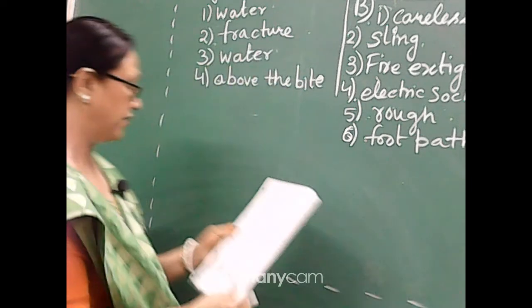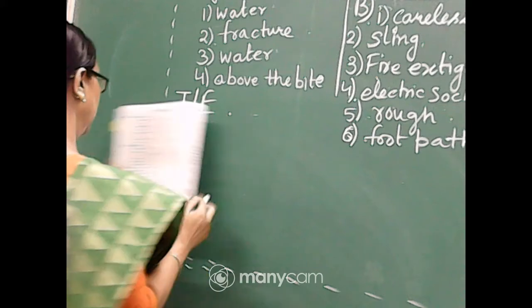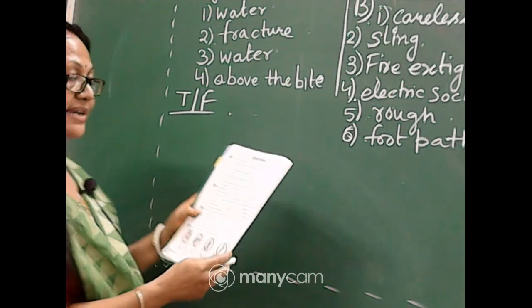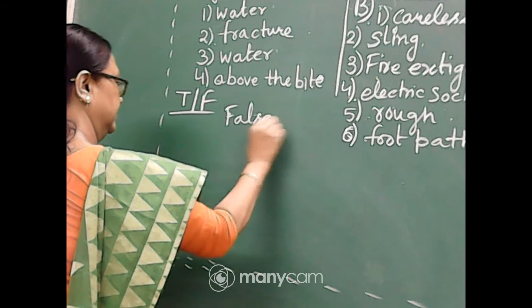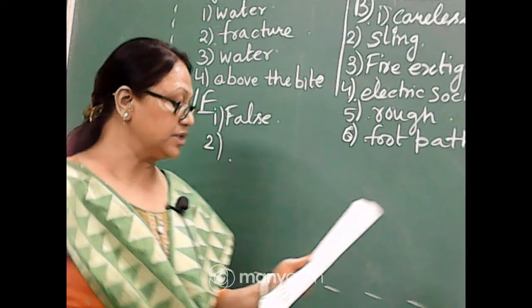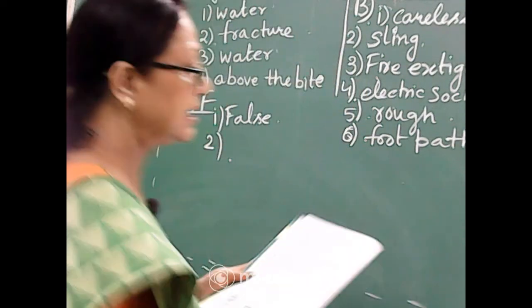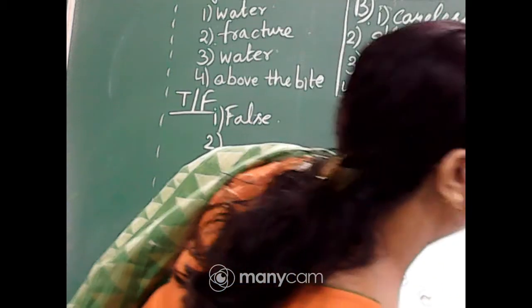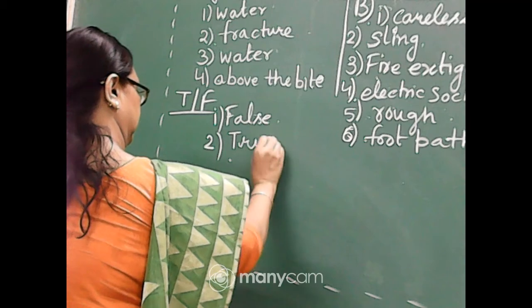Now we will come to the true and false. First one is, it is safe to light crackers. It is a false statement. Number 1 is false. Number 2, we should keep medicines away from the reach of children. It is true.